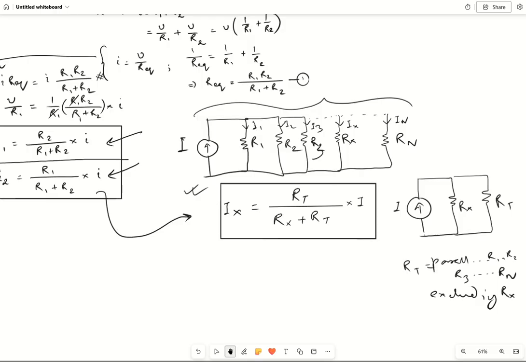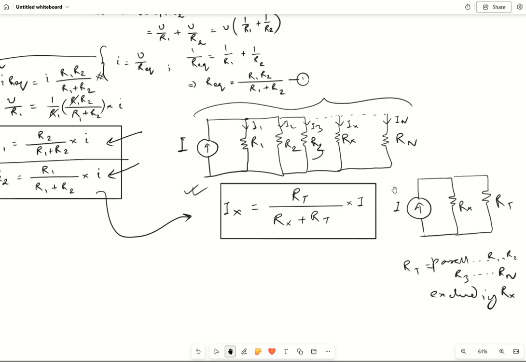The current in any branch is equal to the ratio of resistances, where we take the resistance which we are not considering. That means suppose we are determining the current across Rx, so we will consider the other resistance, which is nothing but RT. So RT divided by Rx plus RT multiplied by I. So this is the general definition of the current division rule.